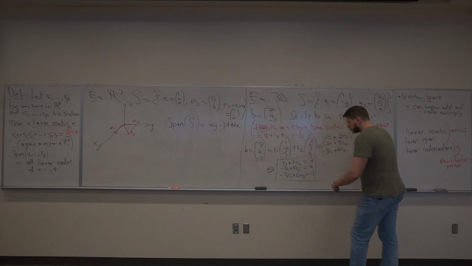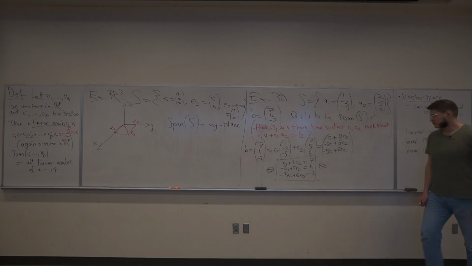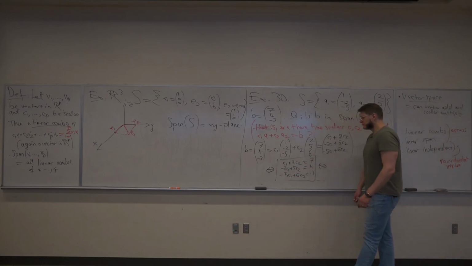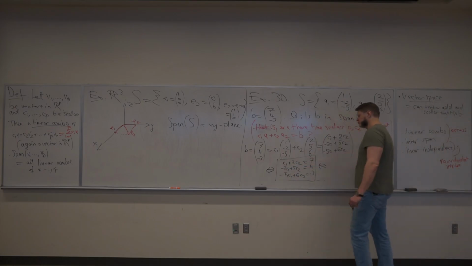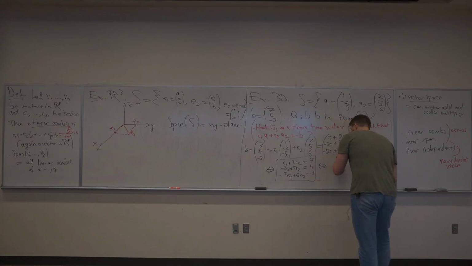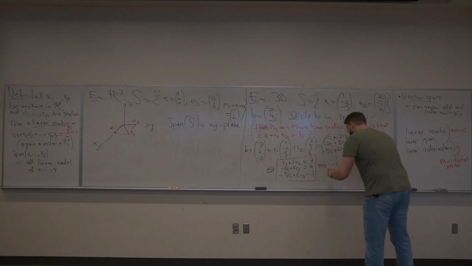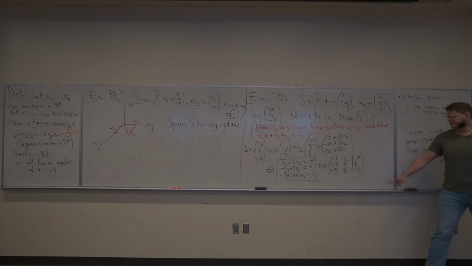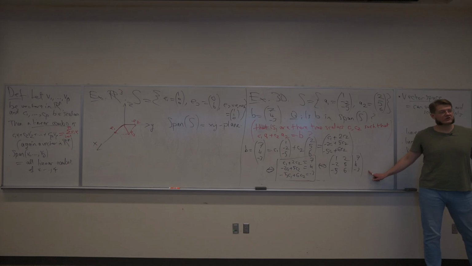One thing I can do is turn this into an augmented matrix. This is a system with 3 equations with 2 unknowns. So 1, 2, 7; minus 2, 5, 4; minus 5, 6, minus 3. This is the augmented matrix I need to be focusing on.